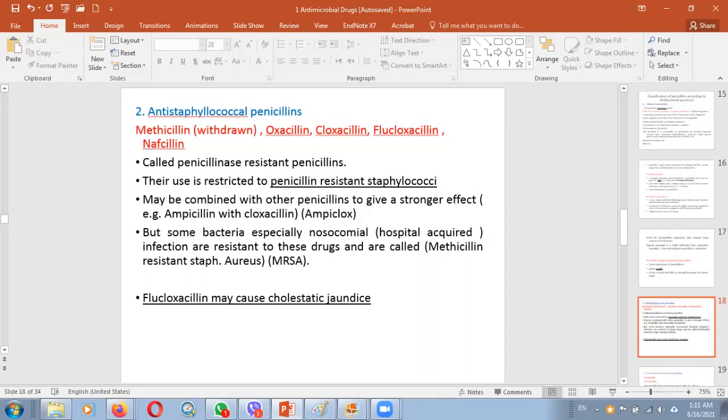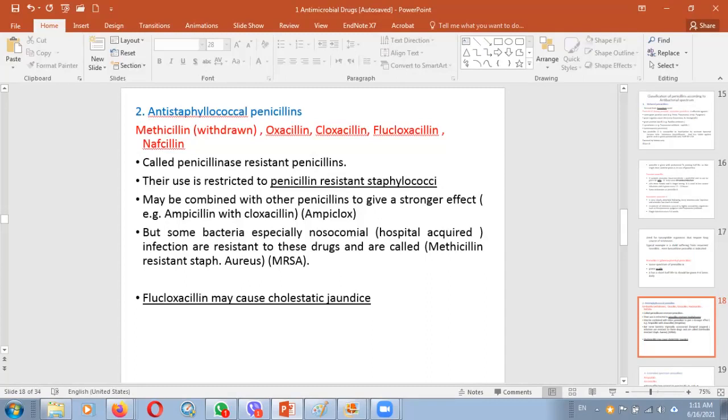Their use is restricted to penicillin resistant staphylococci. Nowadays, mostly, almost most staphylococci cases are penicillin resistant. So you should think of or consider using antistaphylococcal penicillins. They may be combined with other penicillins to give a stronger effect.